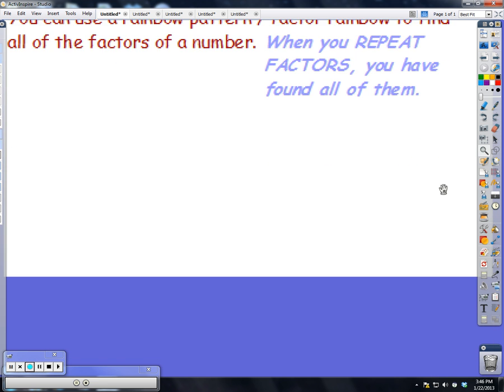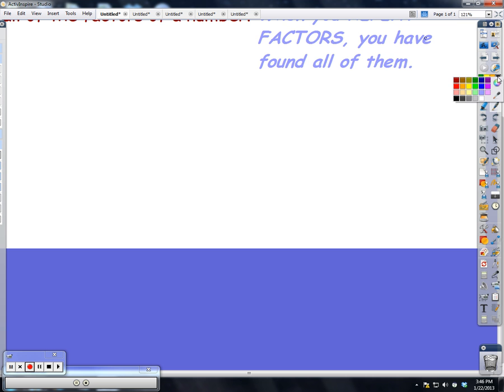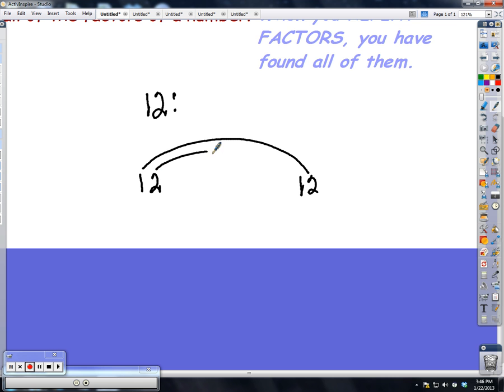So for example, let's take the number 12 that we want to find all of the factors for. Our rainbow pattern is going to look like this. 1 times 12 is 12. And then we just go in order. 2 times 6 is 12. 3 times 4 is 12.